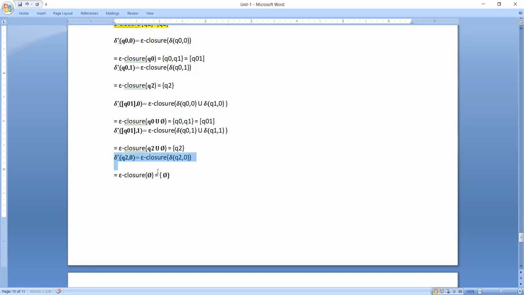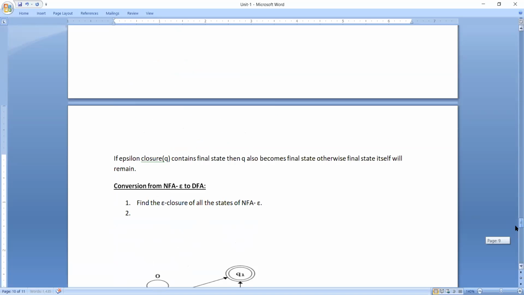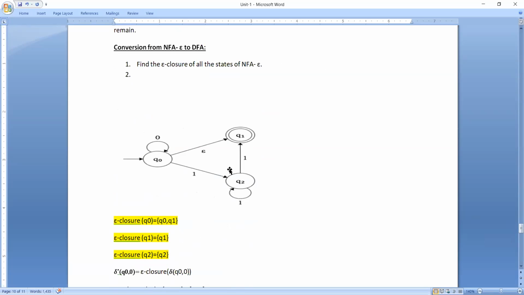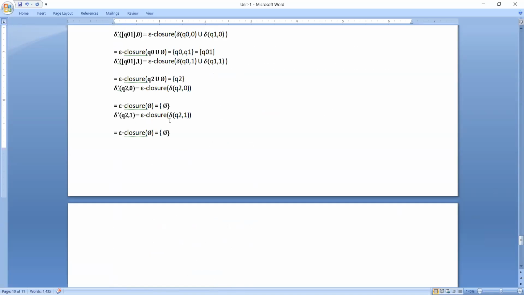Then the next thing we have to do is define Q2 on 1. Q2 on 1 will be epsilon closure of delta of Q2 to 1. What is Q2 to 1? Q2 to 1 will be Q1, Q2, which is two states. So here it will be epsilon closure of Q1, Q2.